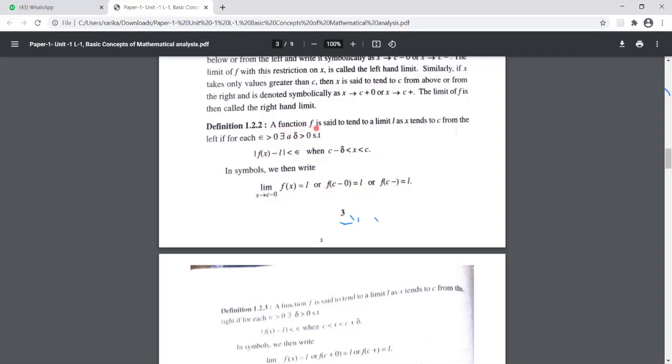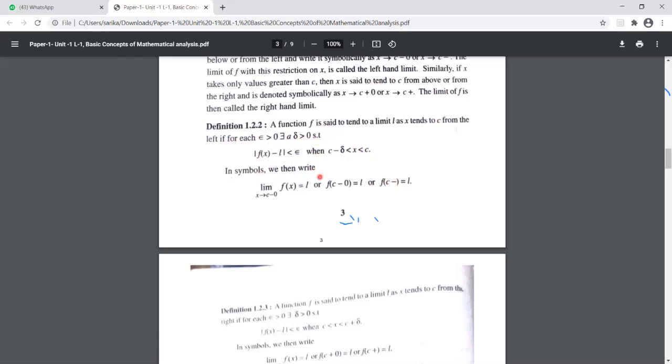Once again, a function f is said to tend to a limit L as x tends to c from the left if for each epsilon greater than 0 there exists a delta greater than 0 such that mod of f(x) minus L is less than epsilon, where c minus delta is less than x is less than c.